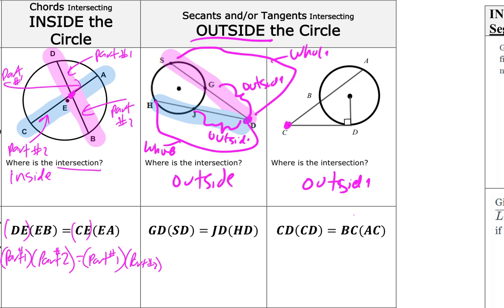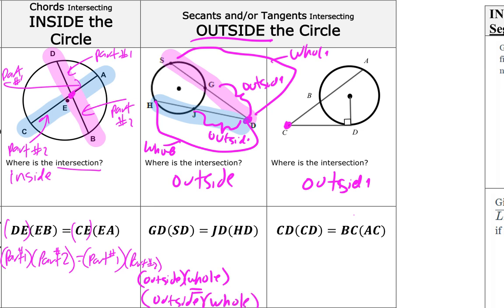We're going to say GD times SD, so the outside times the whole thing. The rule is outside times the whole is going to be equal to JD times HD. JD is the outside and HD is the whole as well. So outside times whole equals outside times whole.